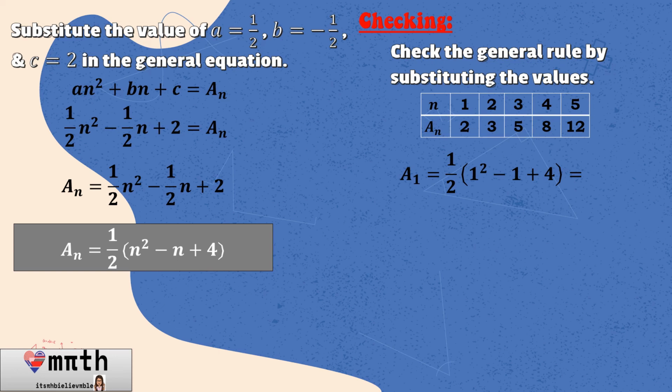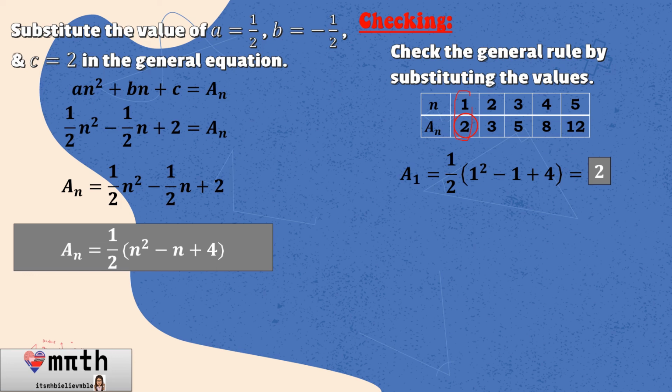So, if we're going to choose n equal to 1 and A sub n equal to 2, substituting the values of n in the general equation, that will be 1/2 times 1 raised to 2 minus 1 plus 4. And we all know that simplifying this will give you the value of 2, which is our first term.